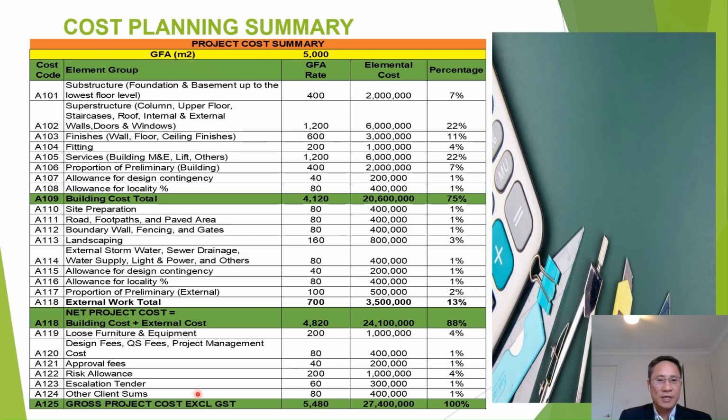It is very important because even though this cost planning is often prepared by the QS consultants, the quantity surveyor from the client side and the contractor should be able to understand and prepare it on demand, because by assessing the cost planning summary such as the GFA or elemental cost, we can identify which one is abnormal and identify the errors made by the quantity surveyors from the consulting firm.